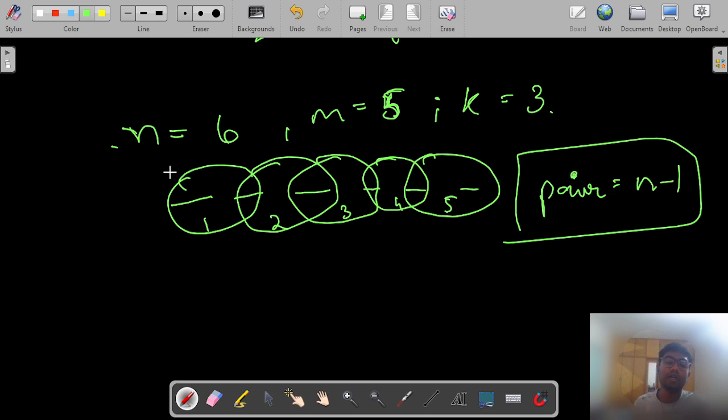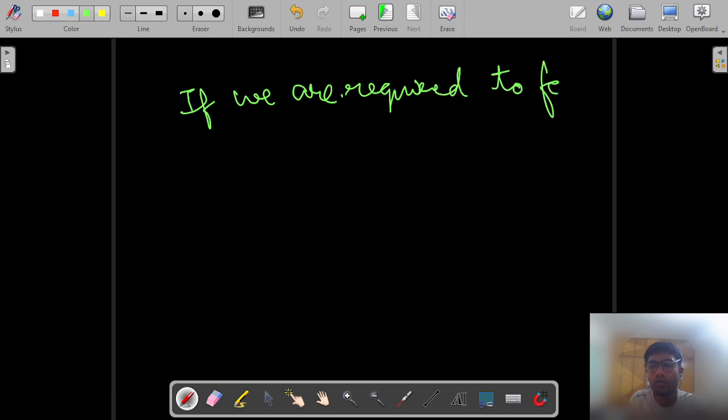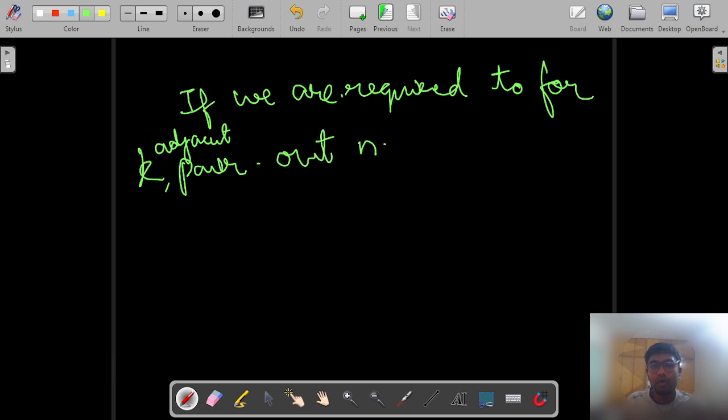That's the first point. And the next point is, if we are required to form k adjacent pairs out of n minus 1, then our formula would be n minus 1 choose k, right?